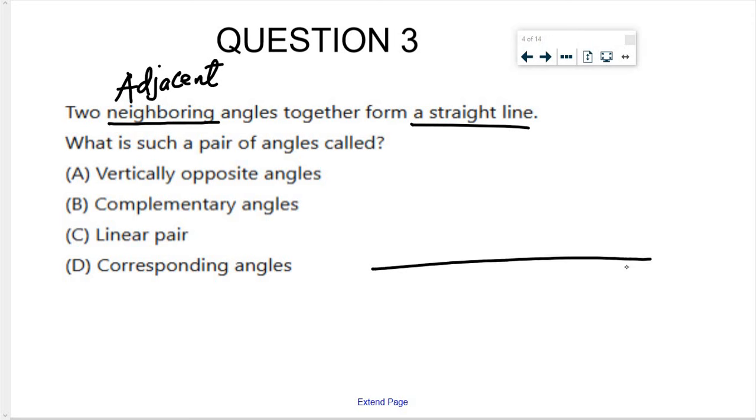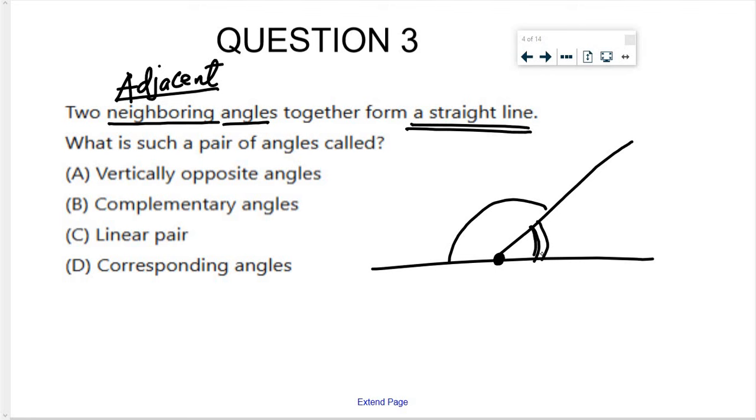So draw a straight line like that. So if you want to draw two angles which are adjacent to each other in such a way that they form a straight line, simply keep a point somewhere here and then draw another line. Can you see that there are two angles here?